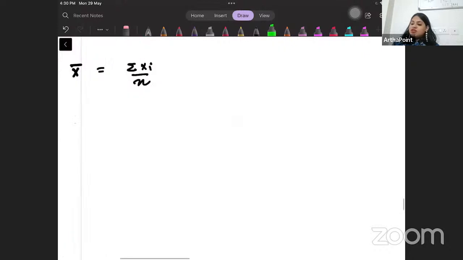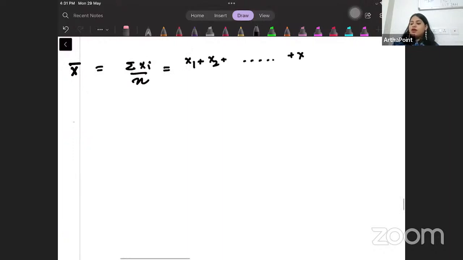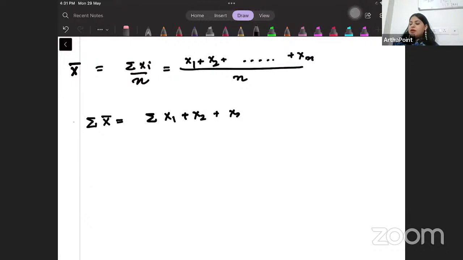So beta, if I just think about it, this will be x1 plus x2 plus x3 till xn by n. Actually, this is coming from the econometrics rule, if you have ever seen this in my class. And suppose I want to sum on both sides.